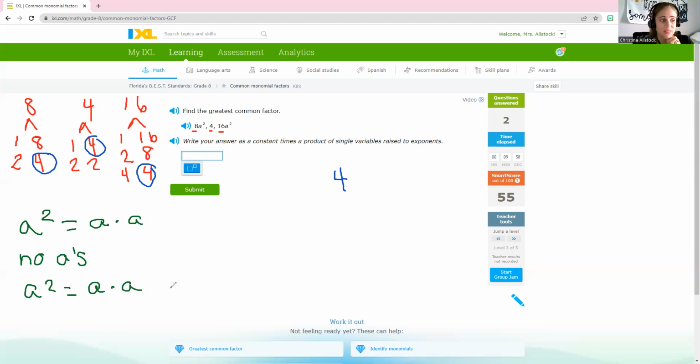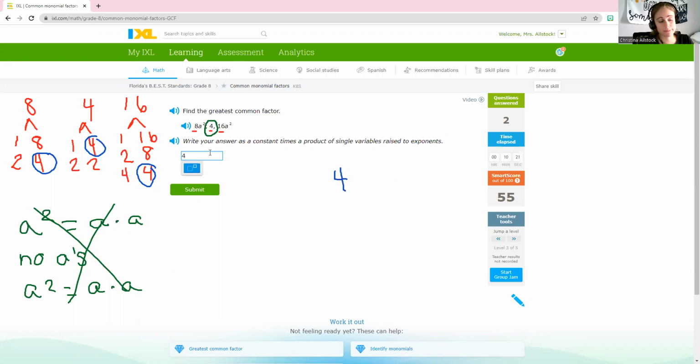They don't. That one term right here, this 4, does not have the variable a, so it doesn't have any in common with the other 2. Therefore, this is one where there is not a variable component to our GCF. Our GCF is simply just 4.